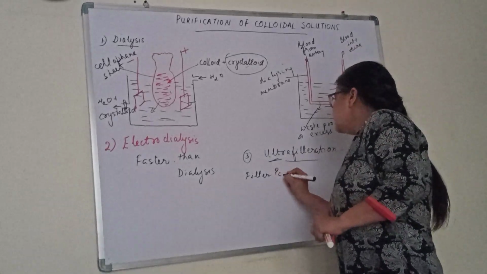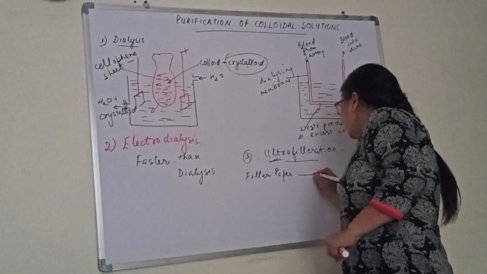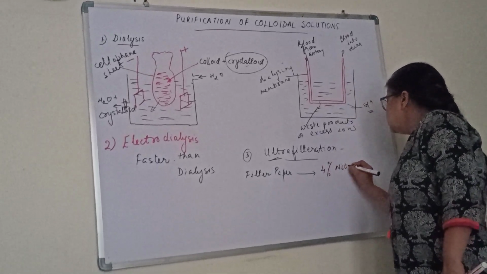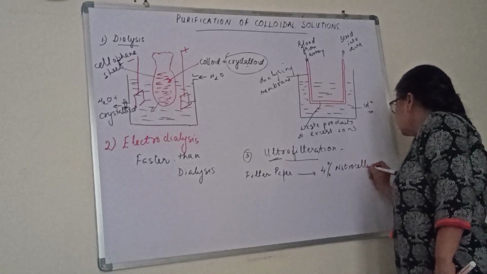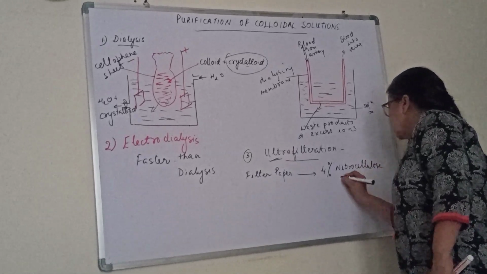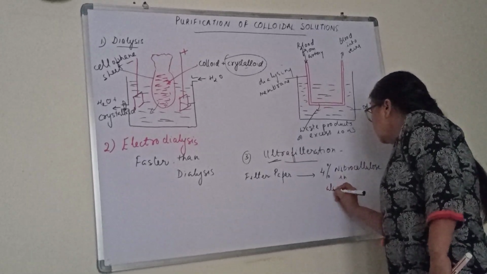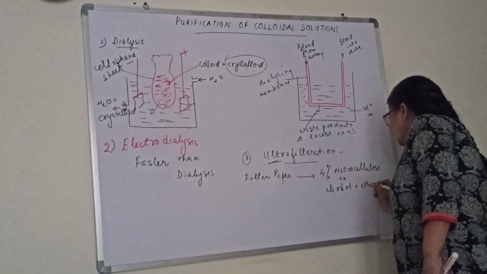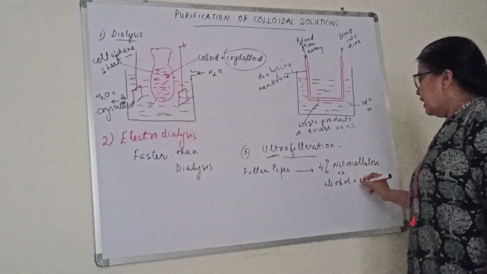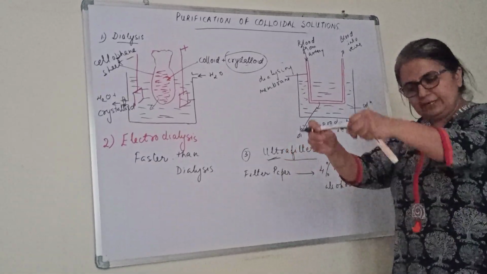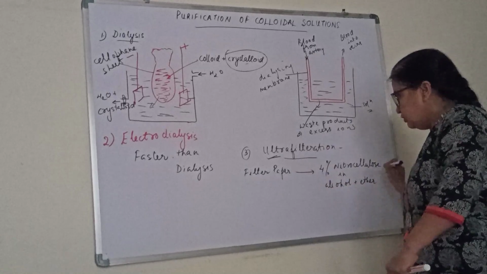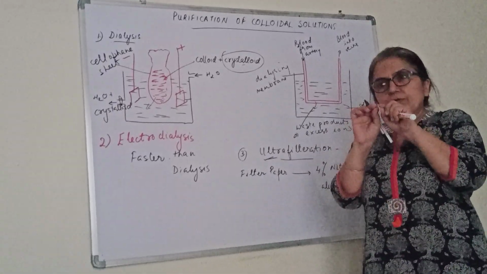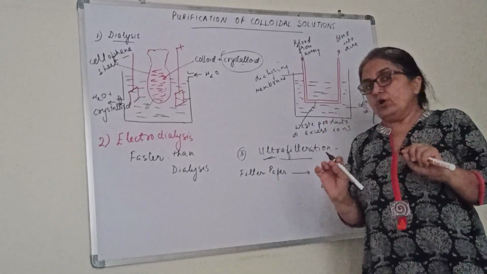That filter paper is taken. We dip it in 4% nitrocellulose solution in alcohol ether mixture. So what will happen? This solution will block the pores to some extent, not completely.